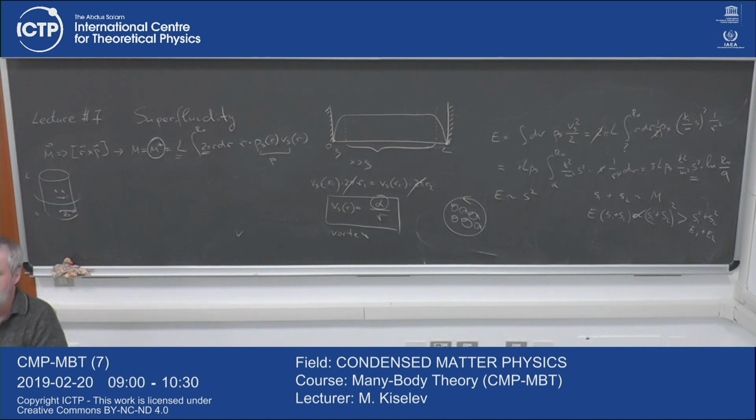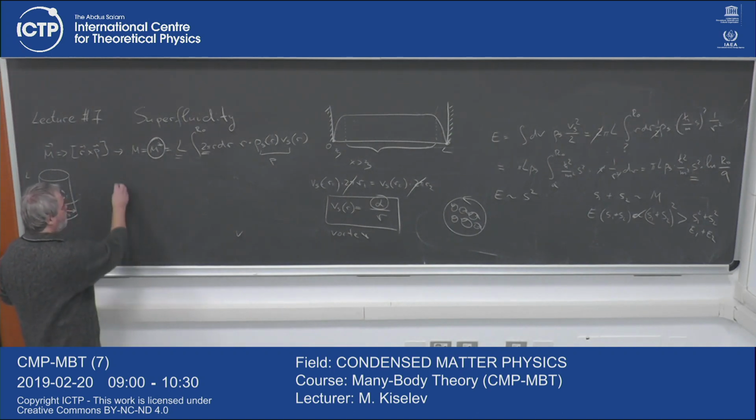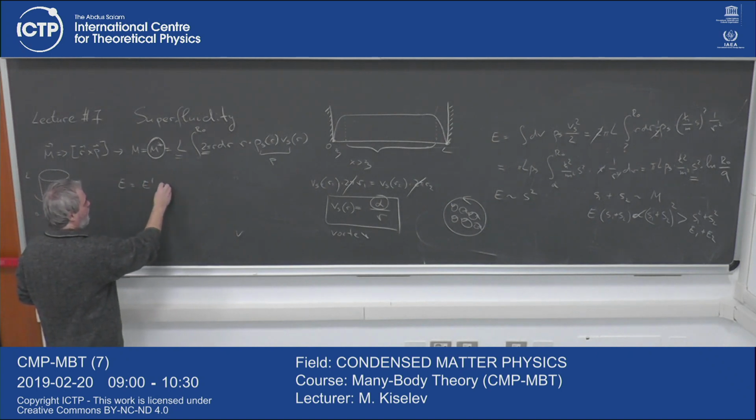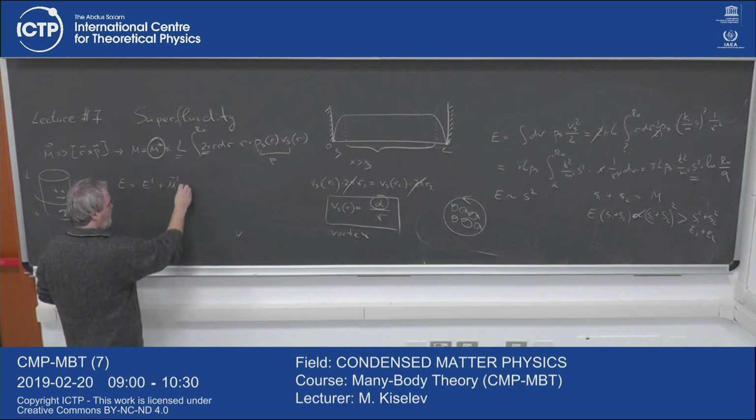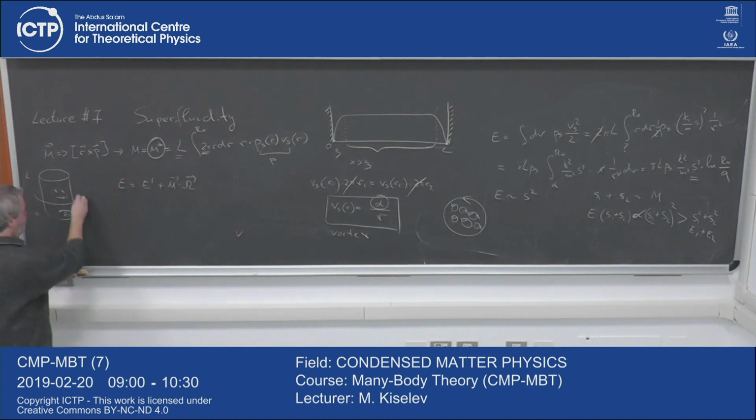So you need to rotate it faster in order to make the first vortex line. The same way, I can write down that E is equal to E prime plus M times omega. So this is the angular velocity omega, and this is the momentum M.